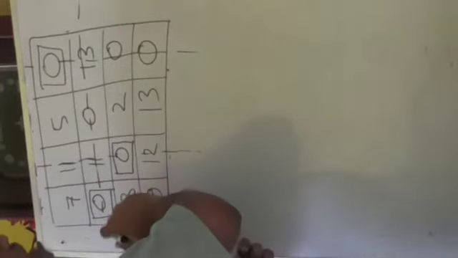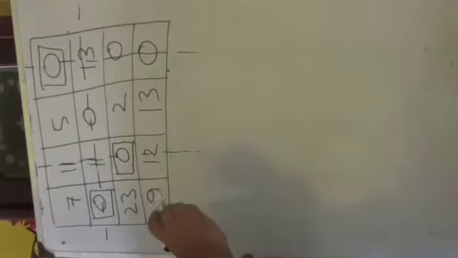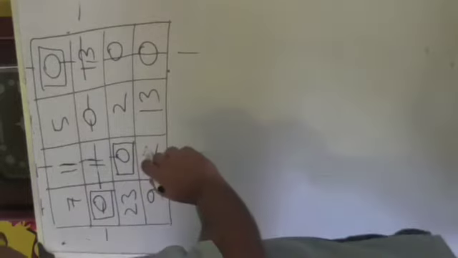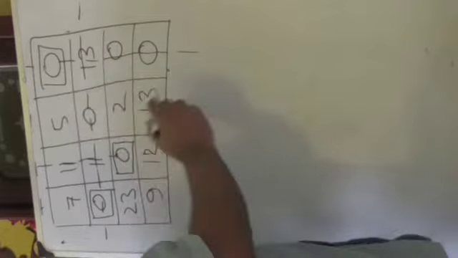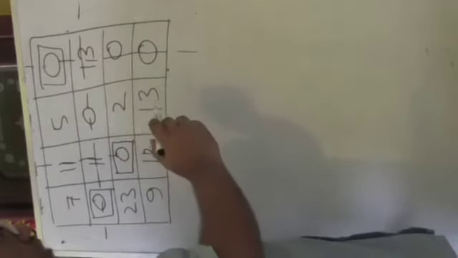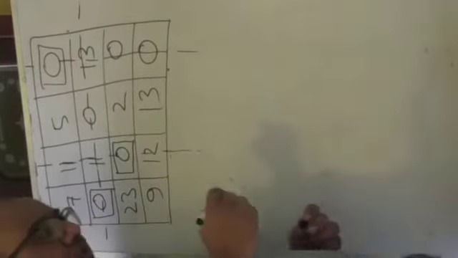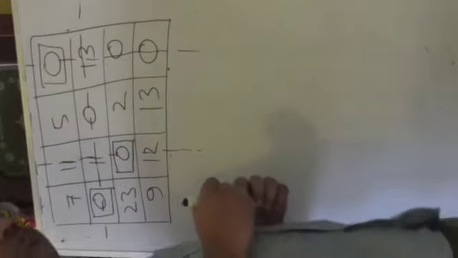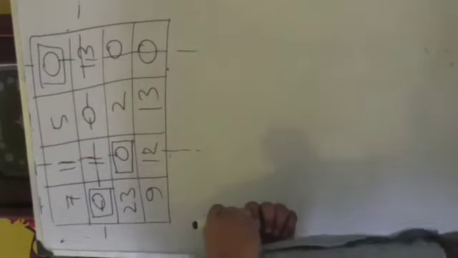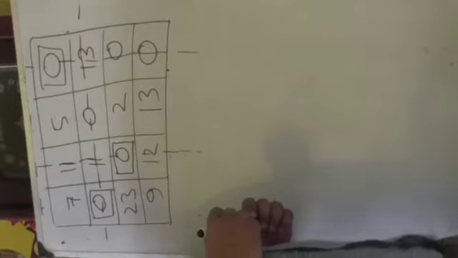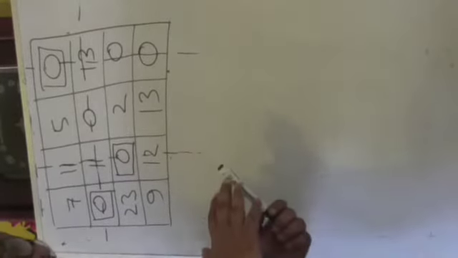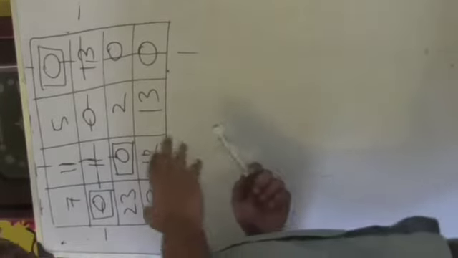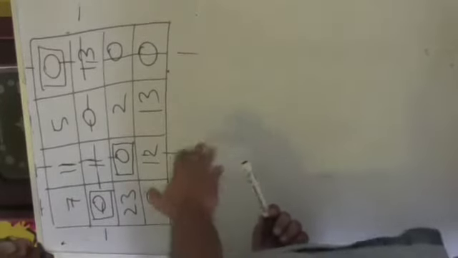So I have blocked all the zeros by drawing the minimum number of straight lines. Actually, the algorithm says you have to block all the zeros by drawing the minimum number of straight lines. This can also be done in another way, but I think the way I am explaining is more useful.